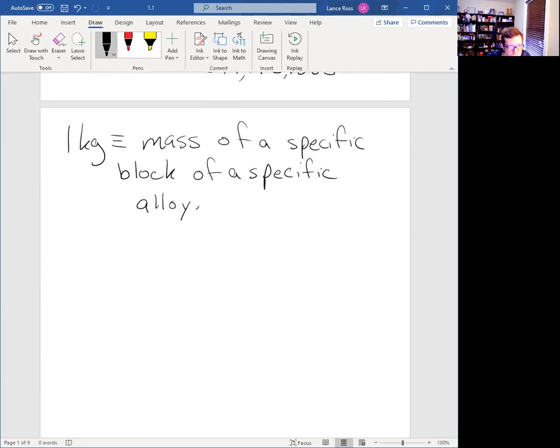And the second is defined based on the period of radiation of a specific interaction on cesium.